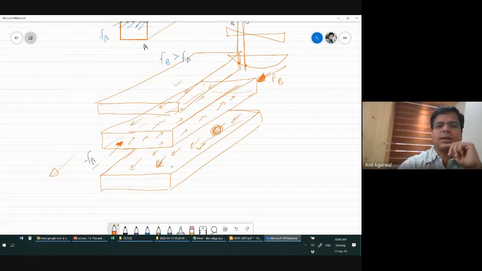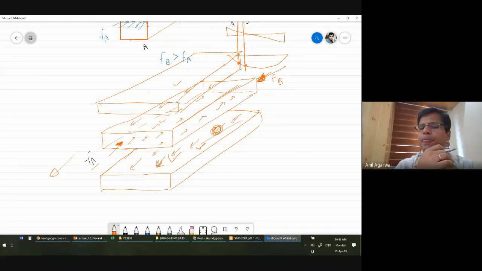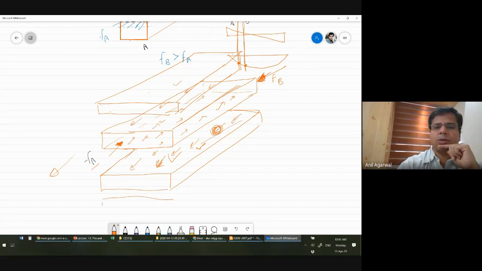Like here there is a difference between FA and FB, there would be a difference between here and here, and that difference has to be supplied by this shear stress. Similarly, the difference here has to be supplied by this shear stress. So the shear stress here will be supplying the stress difference of this strip as well as this strip. If you go one step lower, the shear forces at this level will be supplying the force difference for the 3 layers.